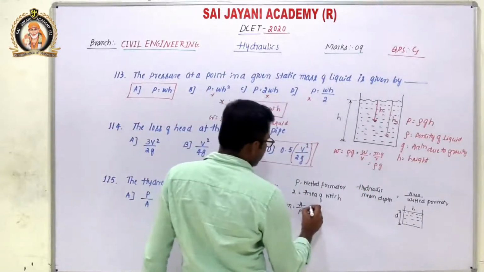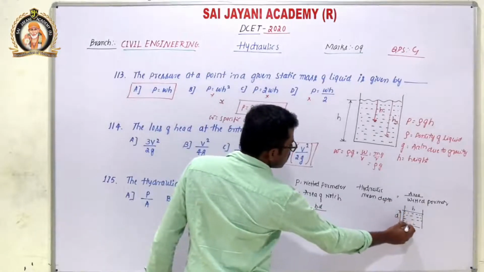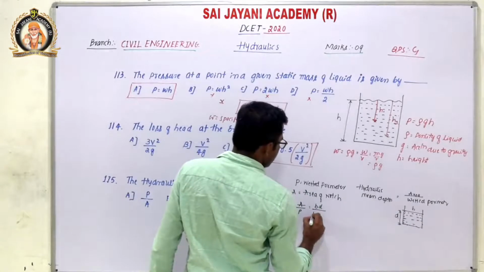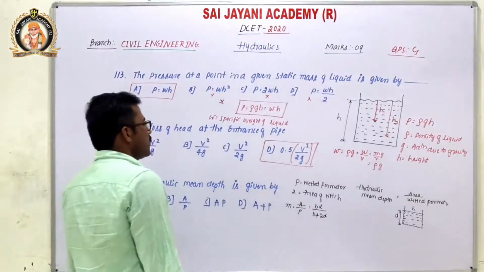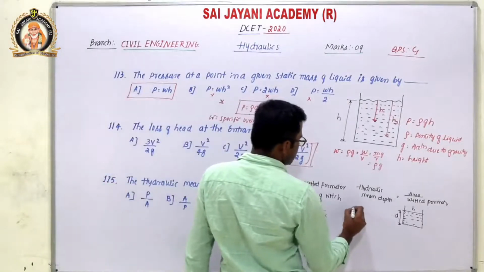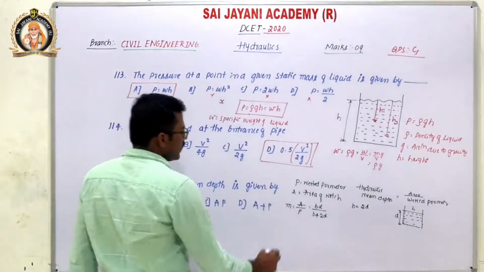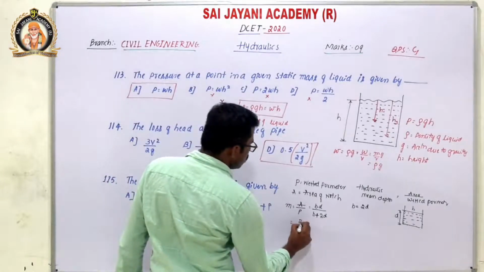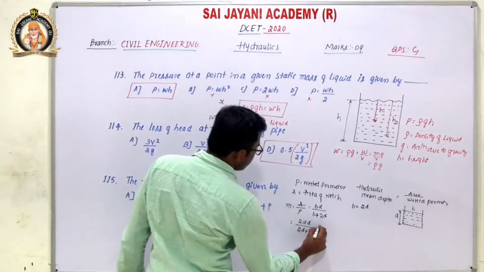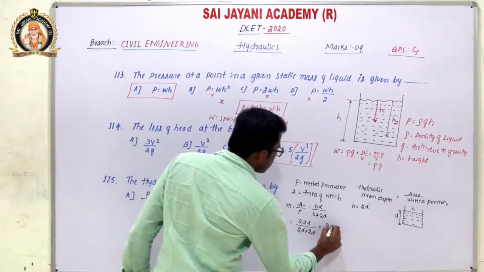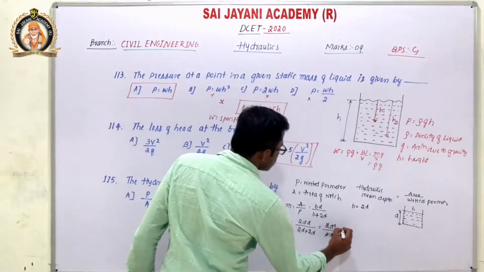So area is given by B into D and wetted perimeter is B plus 2 times D. But in case of most economical rectangular channel, B is always equal to 2 times D. Then B into D, that is 2D square, divided by 2D plus 2D, which is 4D, which means 1 by 2, so it's D by 2.